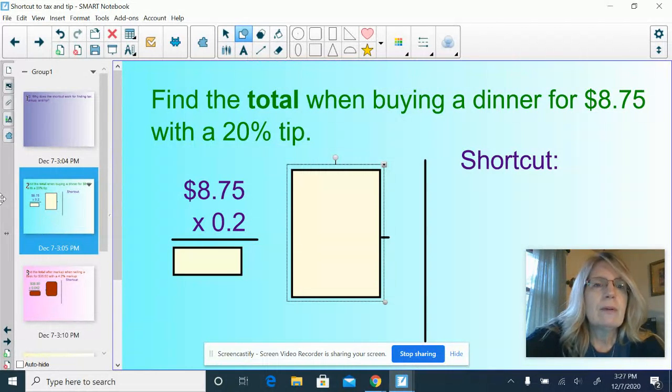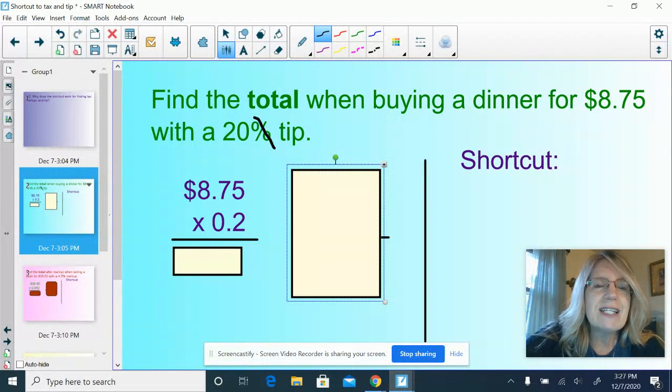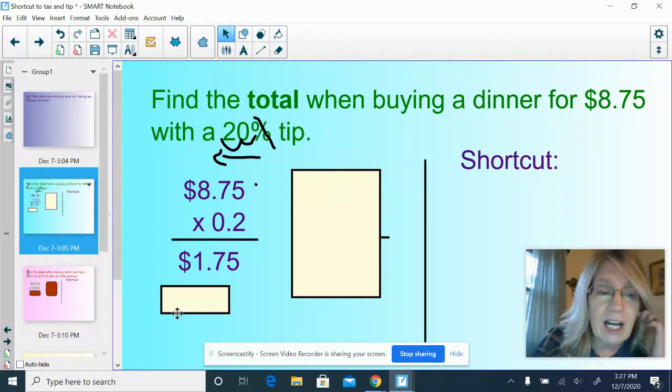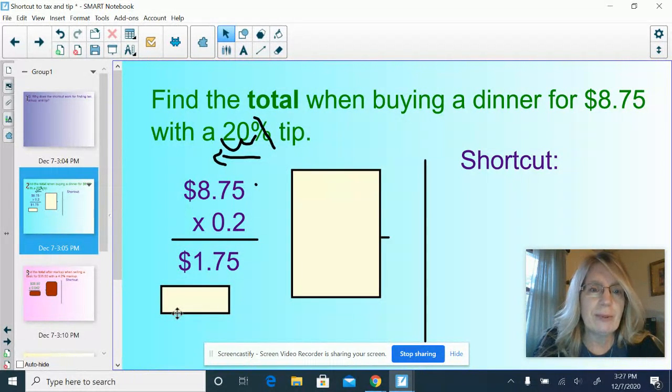Remember, you drop the percent sign, move the decimal 2 places to the left, and then you multiply the amount times 0.2. I did the calculations ahead of time. So your tip is you're going to leave $1.75 for your tip.